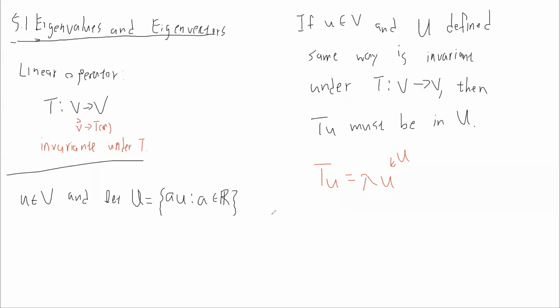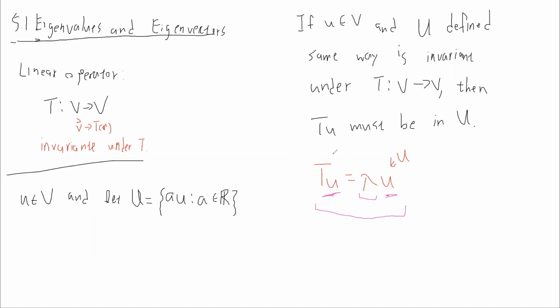So our goal here is to find the real numbers lambda and the vectors u such that this is true, based on what type of operator T we have.